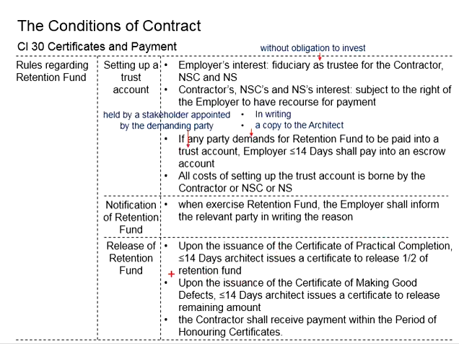Later, upon issuance of the certificate of making good defects, within 14 days, the architect will need to issue another certificate in order to release the remaining amount of the retention fund. The contractor shall receive the payment within the period of honouring certificates, which is typically within 21 days.